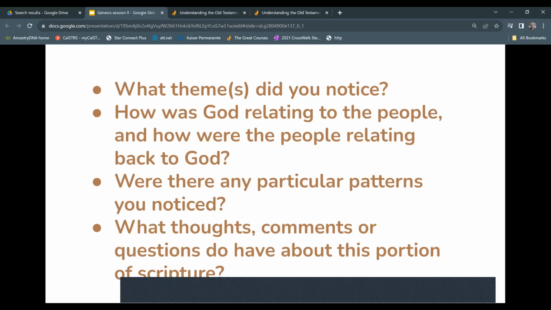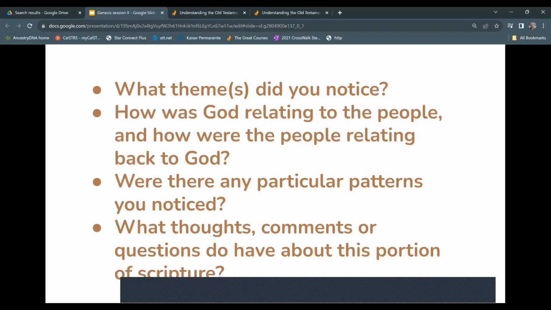Leviticus is not necessarily meant to be read by the layman in the Jewish tradition, but it was really the instructions for the priests and how to handle and how to explain what each part of worship was for.